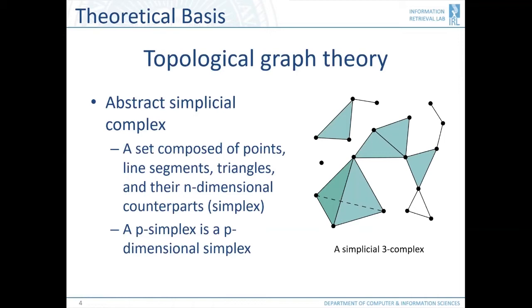A p-simplex is a p-dimensional simplex. For example, the picture on the right is a simplicial 3-complex, because the highest dimensional object in this picture is a bottom right pyramid, a 3-dimensional object, and the rest are lower dimensional objects, such as faces, segments and points.